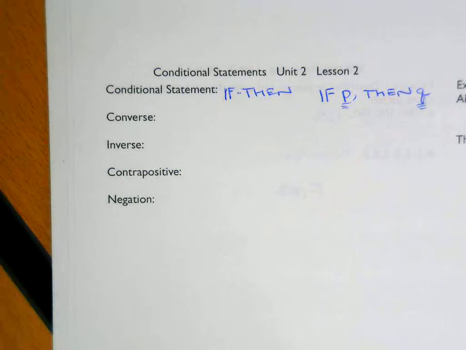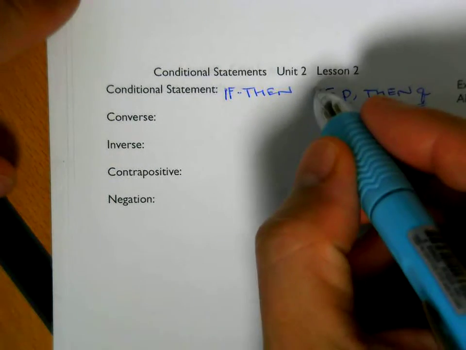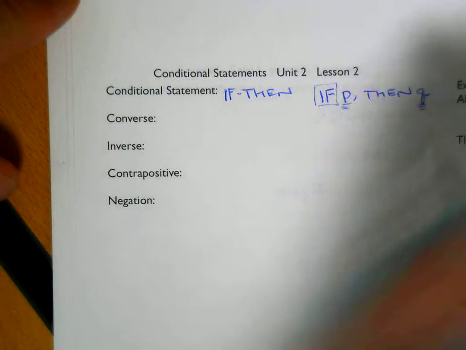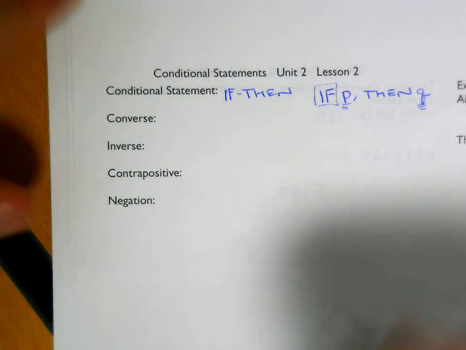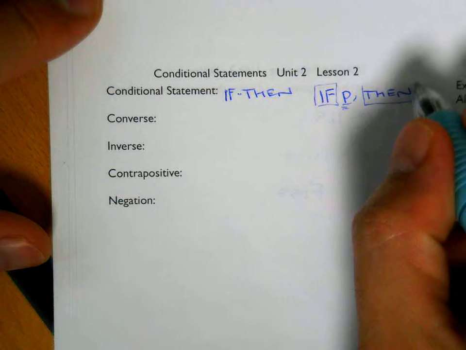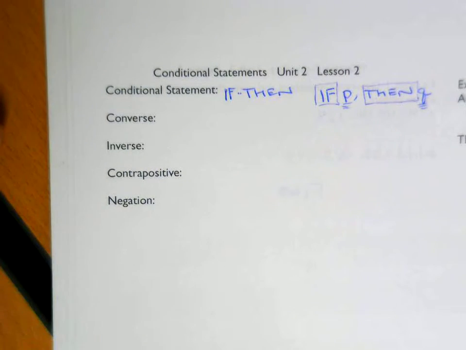Conditional statements can be true or false. It really doesn't matter, but the structure of the statement is what matters. The key parts are an if part for the hypothesis and a then part for the conclusion.